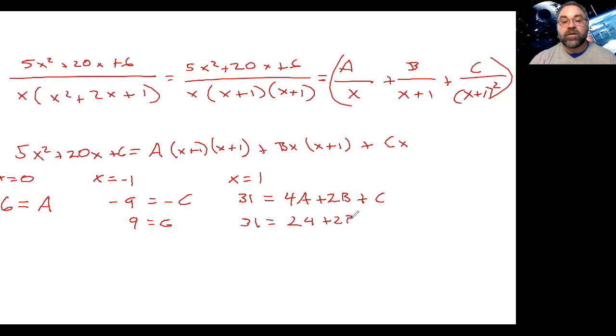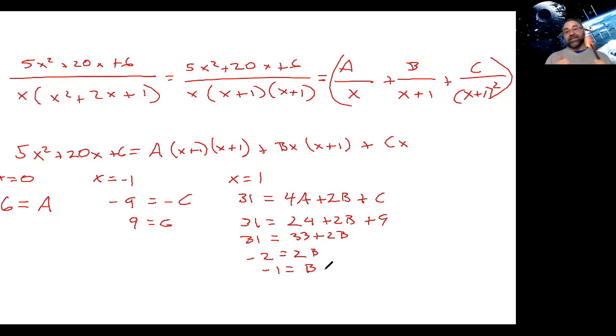We don't know B, but we know C is 9. And so putting that all together, that's 33 plus 2B. Well, we'll subtract the 33, and we'll get that -1 is equal to B.